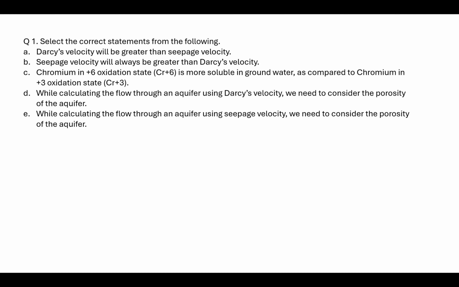Option D is while calculating the flow through an aquifer using Darcy velocity, we need to consider the porosity of the aquifer. Option E is while calculating the flow through an aquifer using seepage velocity, we need to consider the porosity of the aquifer. So we have been given five statements and we have to select the correct statements. There can be more than one correct option, so please try to find out which of the options are correct and write that in the chat box. Then we will begin with the question.